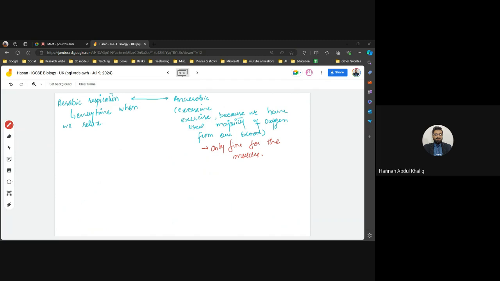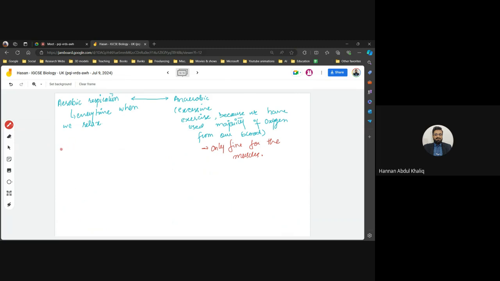That is why I'm saying the muscles don't die in the absence of oxygen, but the brain would die. Muscles never die in the absence of oxygen, no problem in that. But the heart and the brain can die. So anaerobic respiration is only fine for the muscles and not for the rest of the organs.